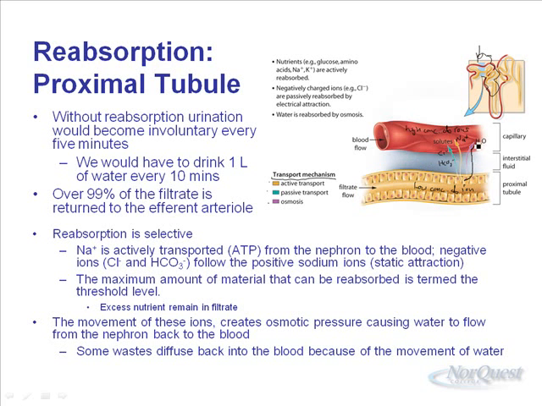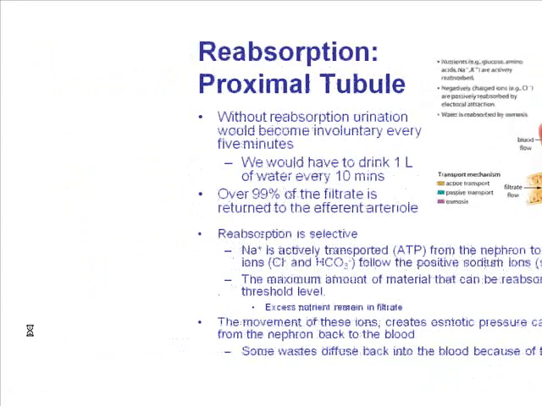Water is going to try and balance it, so osmosis carries the water out, trying to make the concentrations equal. Now, because water is moving across, some wastes are also carried across as well. But for the most part, waste is staying behind as filtrate in the nephron. There's reabsorption of ions and osmosis of water back into the circulatory system.